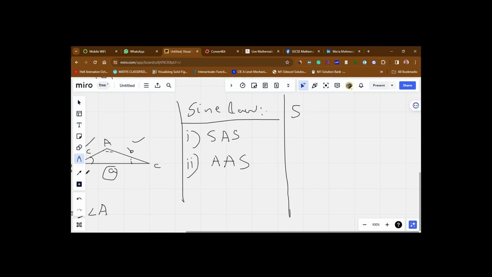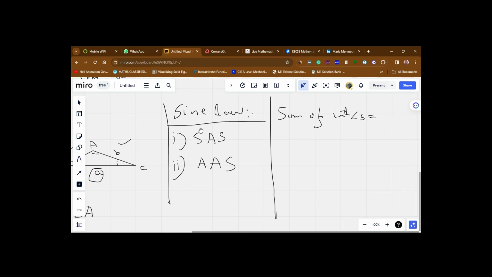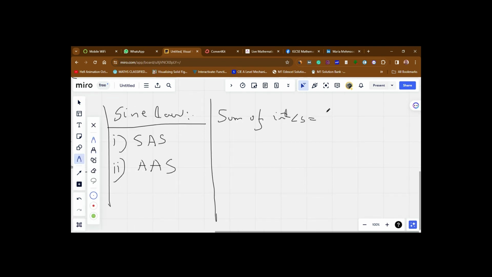The sum of the interior angles of any polygon can be calculated with the help of this formula: n minus 2 times 180 degrees. What is n here? n is the number of sides.